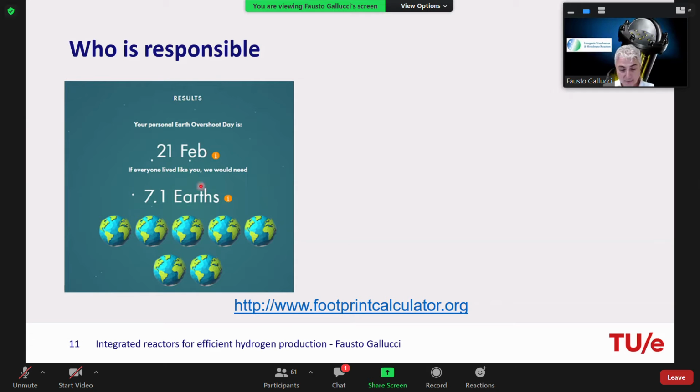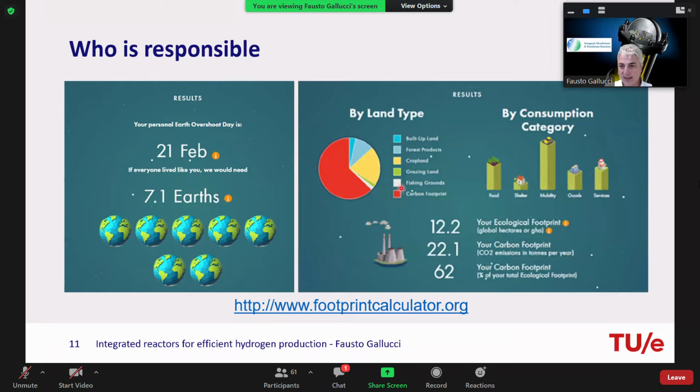In any case, if you look into these numbers, you see that the share is more or less similar to what I showed you before. For me, it was a lot of mobility because of a lot of meetings and a lot of travel. And the rest was, again, agriculture, food, and the use of goods and services.